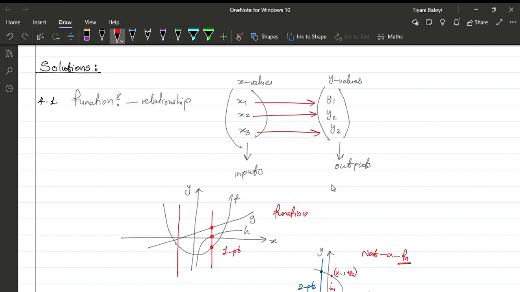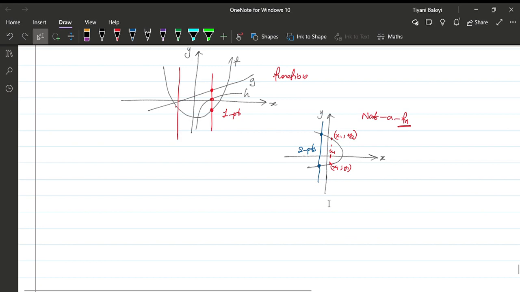But for the same y value, you can have two or more x values. That happens. But for a non-function, the x values could be the same, having two or more y values, right?